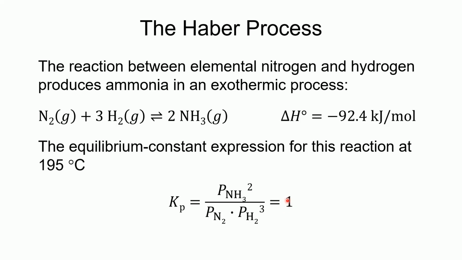That makes it easy to do our examples, and that's the only reason I chose this. If you were actually trying to do the Haber process at 195 degrees Celsius, you would have a very long day and you would not produce any ammonia. So just keep that in mind if you're going to start your own ammonia production facility, which you're probably not going to do.